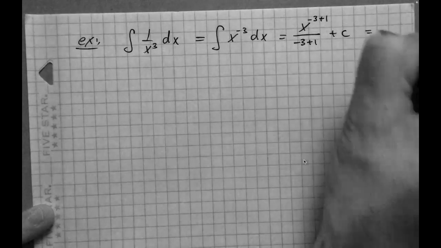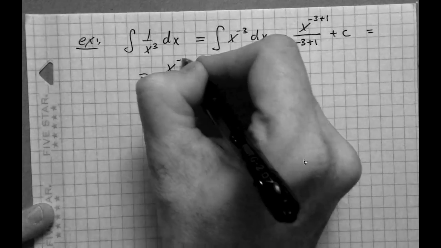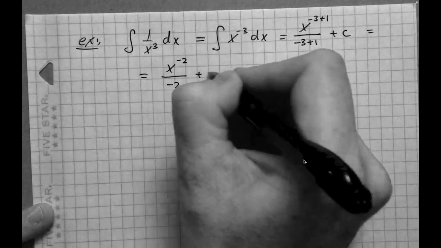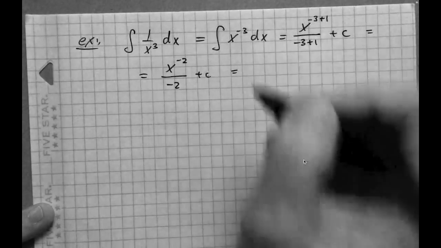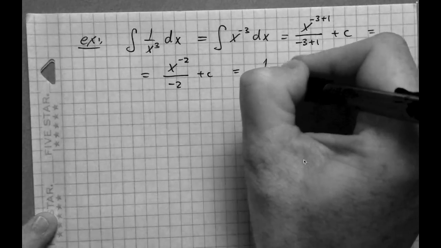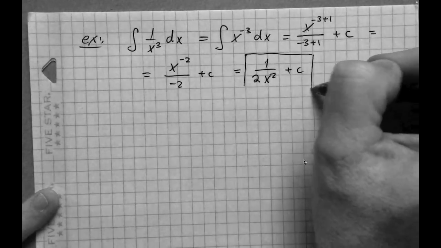And so that's x to the negative 2 power divided by negative 2 plus the constant, which is basically 1 over 2x squared plus c. Right, so there's that indefinite integral.